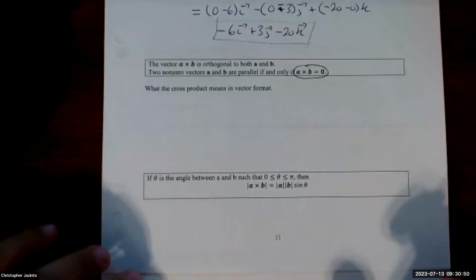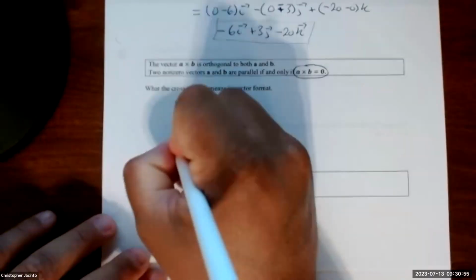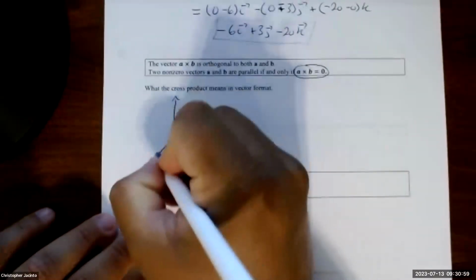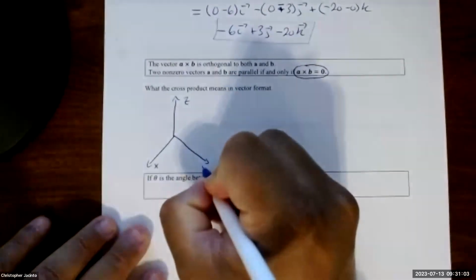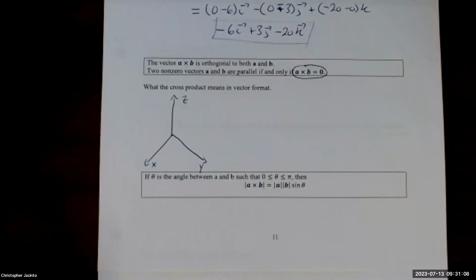Now, just like everything else, we define what this is, but what does it really look like in three-dimensional space?